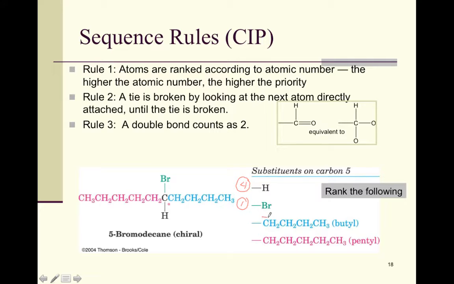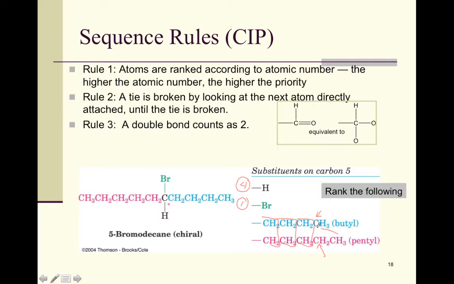If you take a look at this, we have a tie here, here, and here, but here's where the tie is broken. This carbon has 3 bonds to hydrogen, whereas this carbon does have 2 bonds to hydrogen, but it also has a bond to carbon.